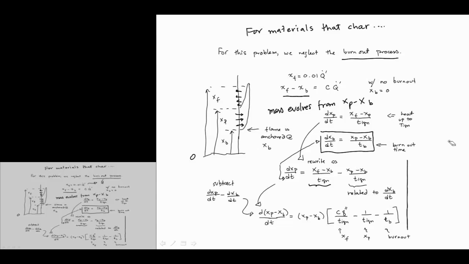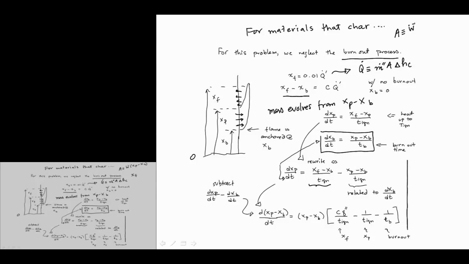This heat release rate is, again, m dot times our area times our heat of combustion. The area, in this case, is equal to our width times xp minus xb.